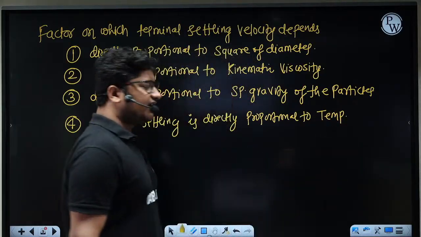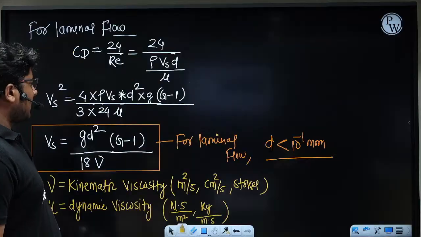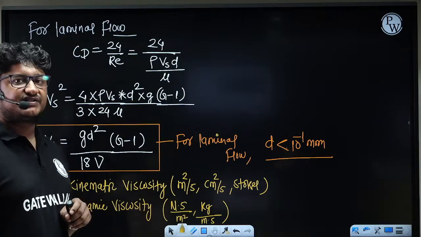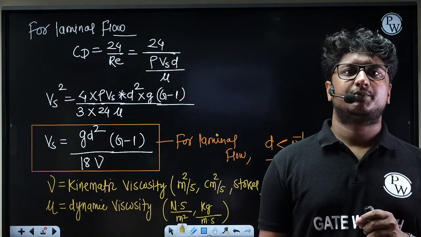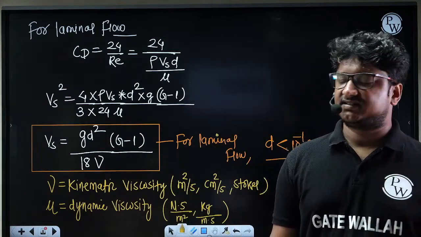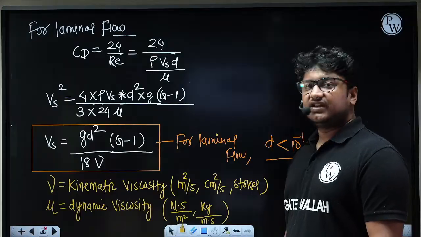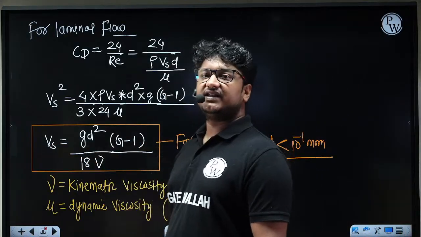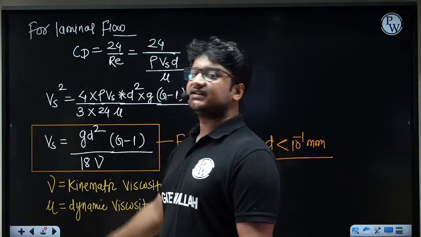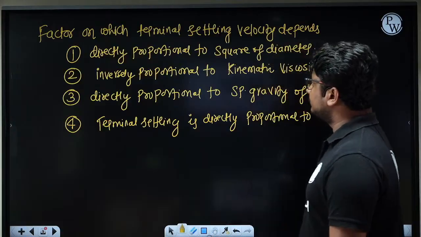If you increase the temperature, the viscosity will go down. For any general liquid, the viscosity will go down. I'm talking about liquid, not gases. If viscosity goes down, Vs will increase, because nu and Vs are inversely proportional.